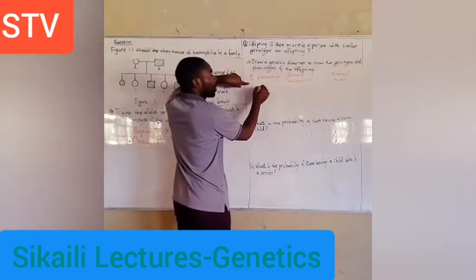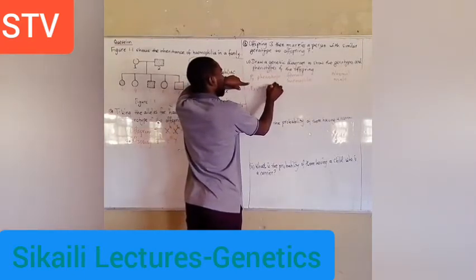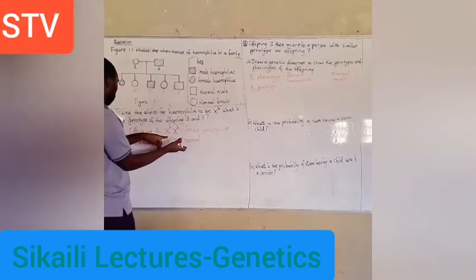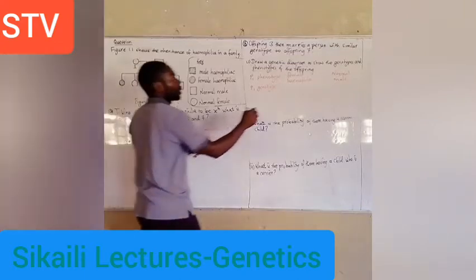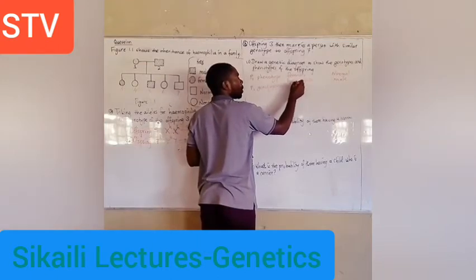The next thing you're going to do is P1 genotype, like what you have written here. These are the genotypes for each. So for the female, you write X with the recessive superscript, X with the recessive superscript.